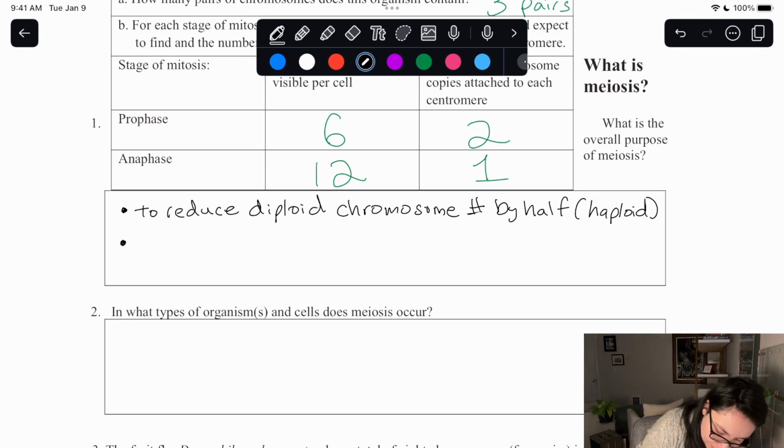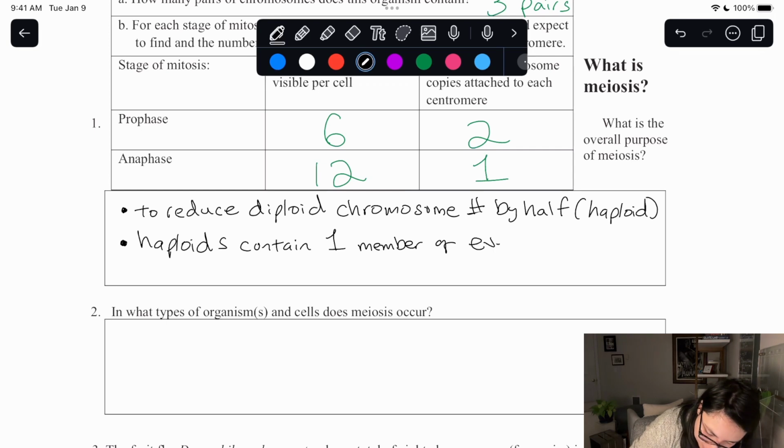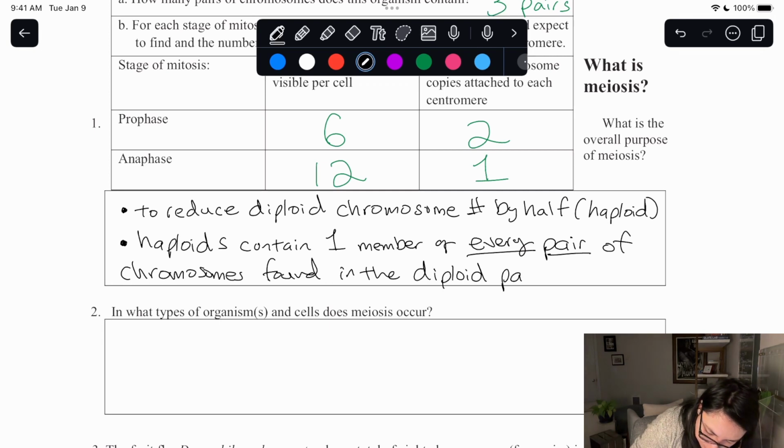And then the other thing here to remember is that haploids contain one member of every pair of chromosomes found in the diploid parent cell.